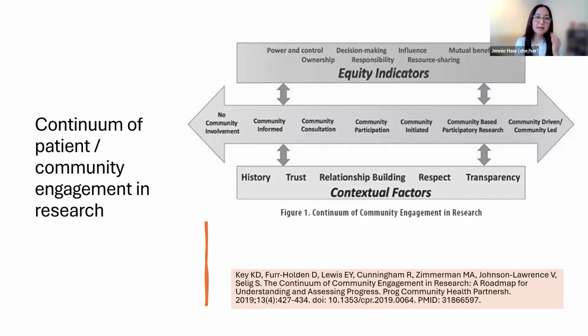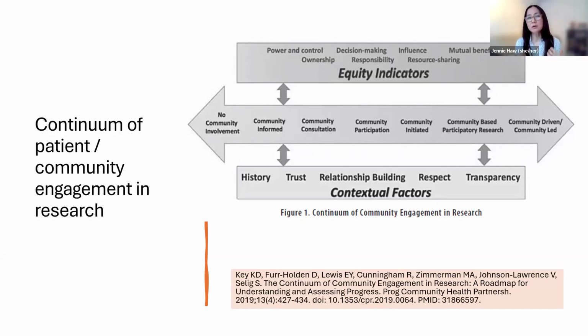So he and colleagues created this schematic to say, rather than saying that some projects apply a CBPR approach the right way versus the wrong way, because in some cases, communities may not be involved extensively in every step of the research project, let's think of it as a continuum.